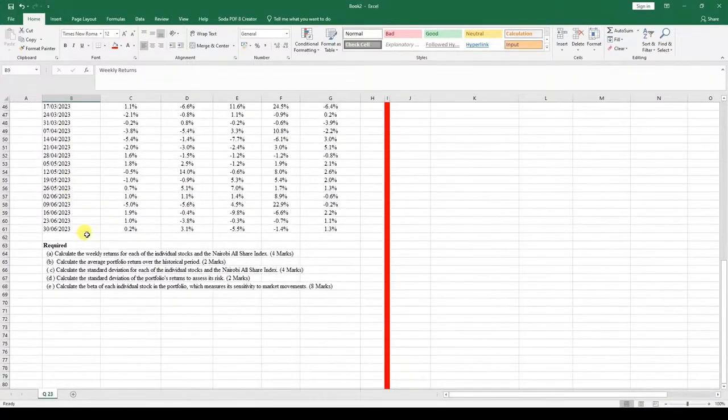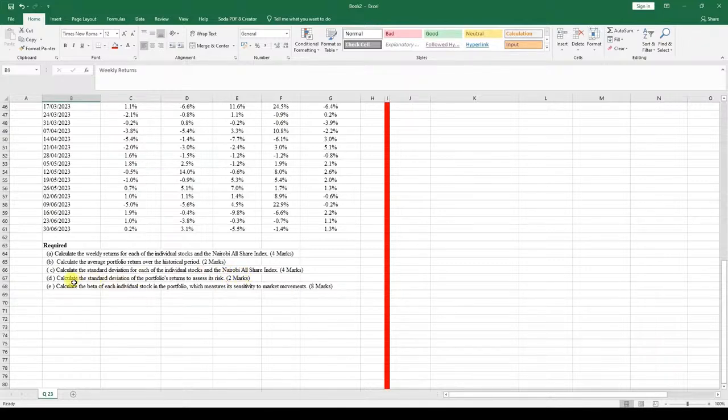Now, you are required to calculate the weekly returns for each of the individual stocks and the Nairobi All Share Index, and calculate the average portfolio return for the historical period. You're told to calculate the standard deviation for each of the individual stocks and the Nairobi All Share Index.